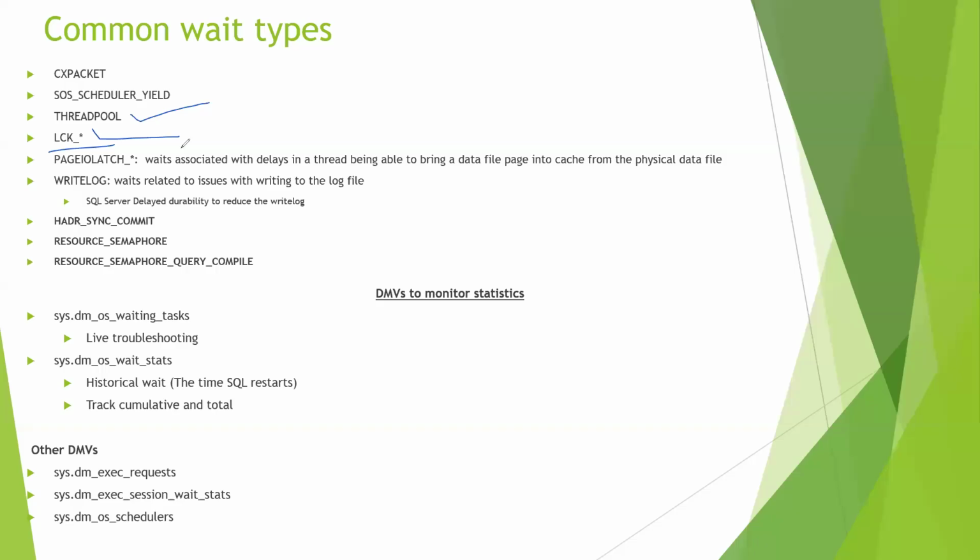Locking, that we all know. Locking is basically when there are two transactions. One is an update, another one is a select, right? We will talk about transactions and isolation levels, and about lock, blocking and deadlock, during that.